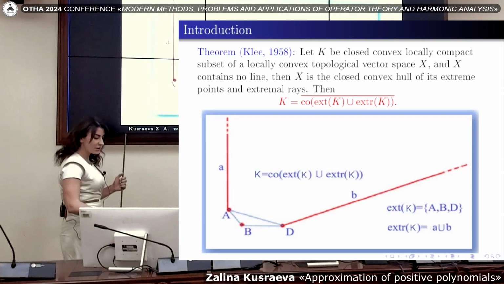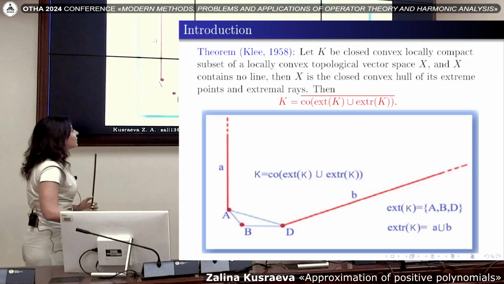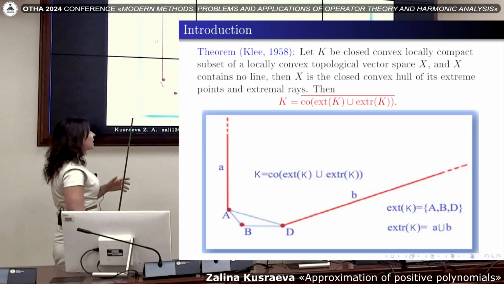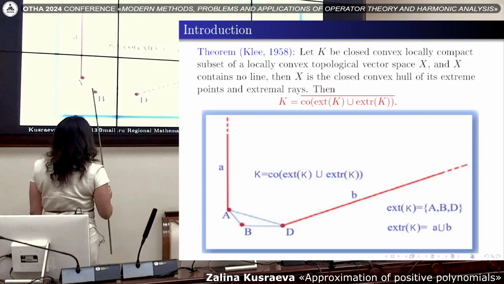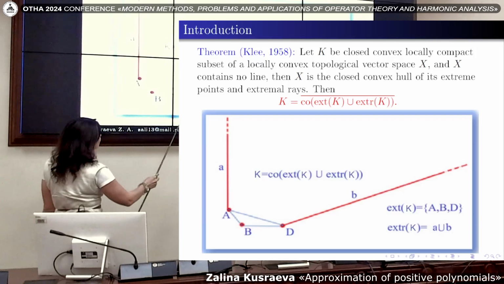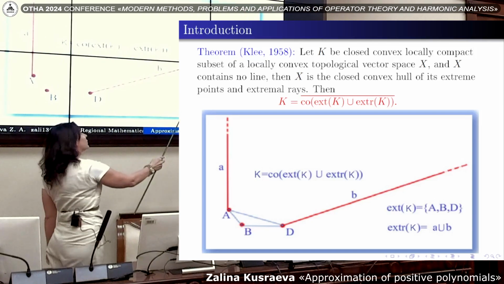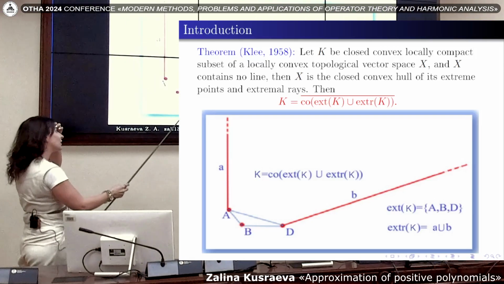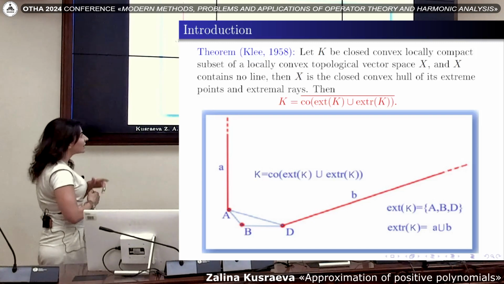Here on the slide, you can see an illustration of Klee's theorem for the finite dimensional case, just to visualize what I said. This space is our K. By big A, B, D we denote the extreme points of this space, and the symbol x_k is used, and little a and little b, the red half lines, denote the union of extreme rays on this picture.